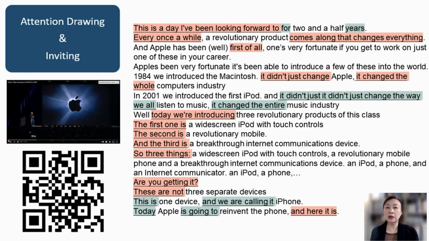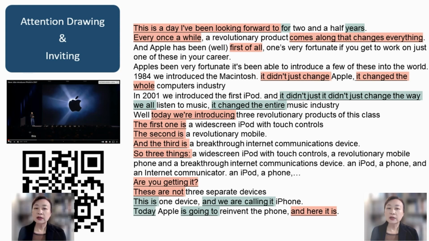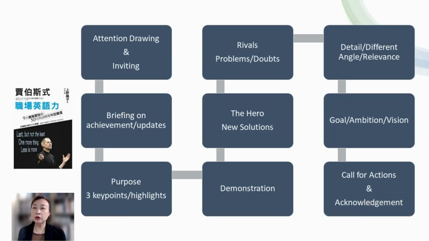These are discourse organizers. "Are you getting it?" This is a facilitative phrase, like category 4. Basically, these useful expressions can really help Steve Jobs keep the audience's attention and bring the audience together along the presentation that he has prepared.